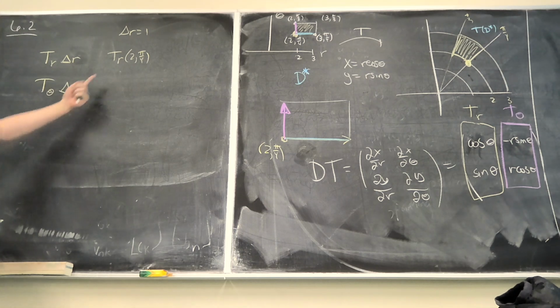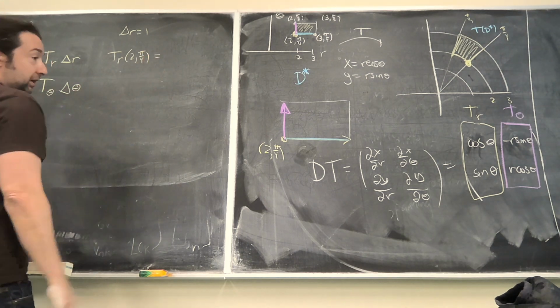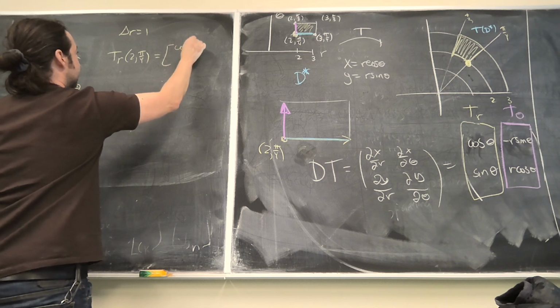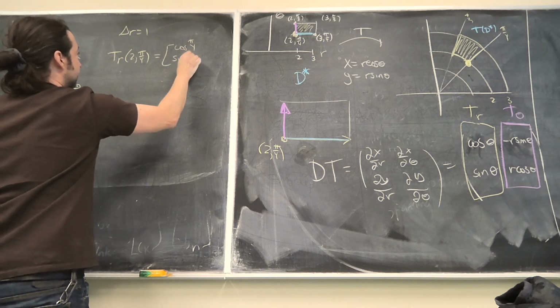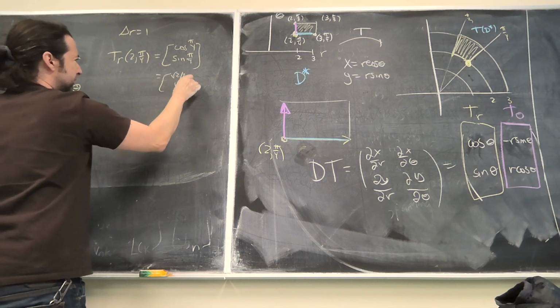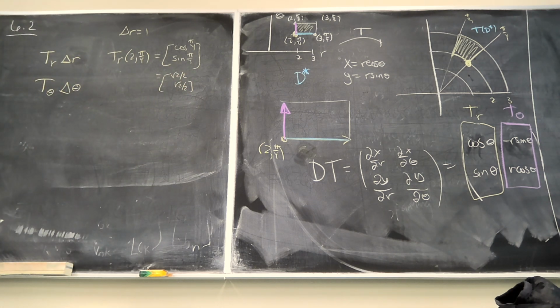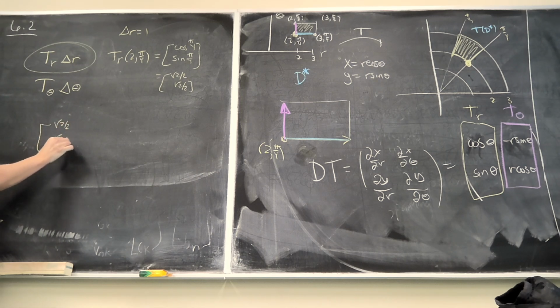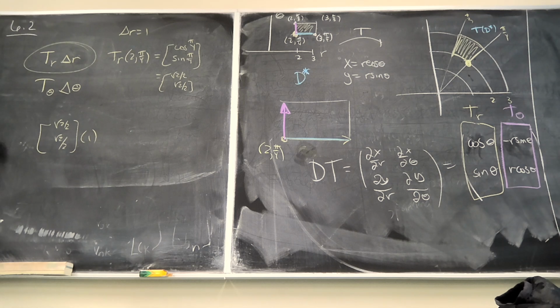The derivative in that position is cosine of pi over 4, sine of pi over 4, which is root 2 over 2, root 2 over 2. So if I want to calculate T_r delta r, I should take the vector (root 2 over 2, root 2 over 2), because that's T_r, and multiply it by delta r, which was 1. This is the vector T_r delta r.